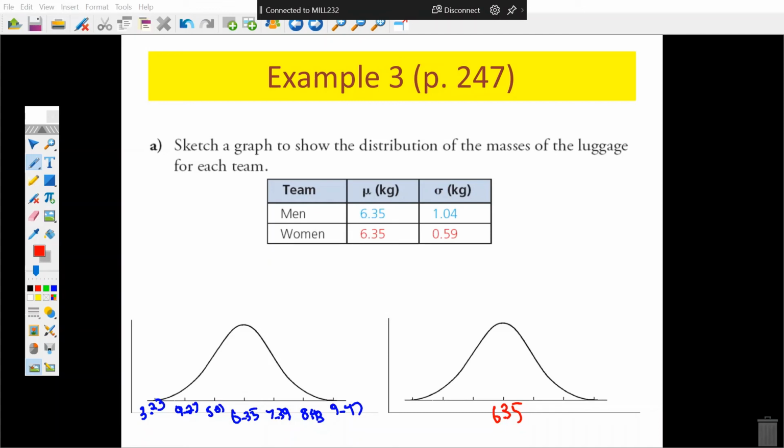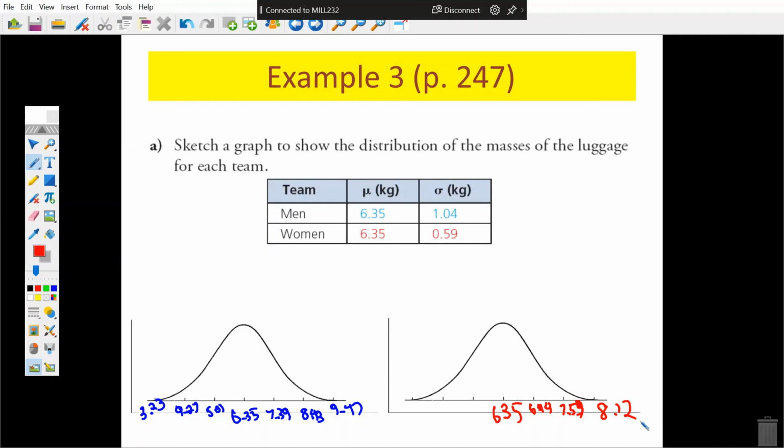Okay. Then we do the same thing with the women's luggage, except now their standard deviation is smaller, so it's 6.35 plus 0.59, 6.94, plus 0.59, 7.53, plus 0.59 is 8.12. Same thing on the back side.